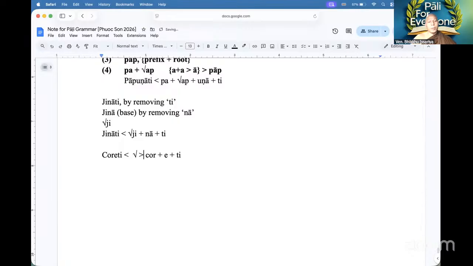So from the Ju by changing U to the O, in this way it can be understood. So that is why Jorid is root Ju and conjugation sign A and the D. In this way it can be understood, you see clearly.